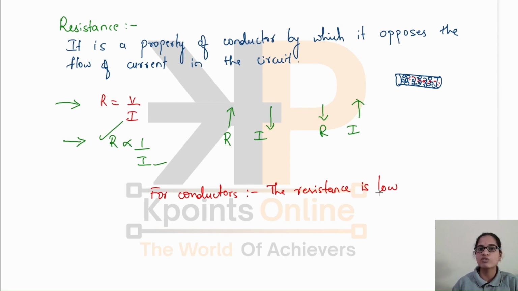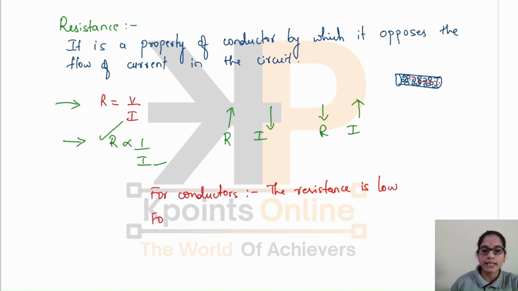Among the conductors, silver is the best conductor because it has very low resistance. And there are some other good conductors like aluminium and copper, which are used in our electrical circuits because they are good conductors of electricity, which means they have low resistance. Good conductors offer low resistance to the flow of electric current.